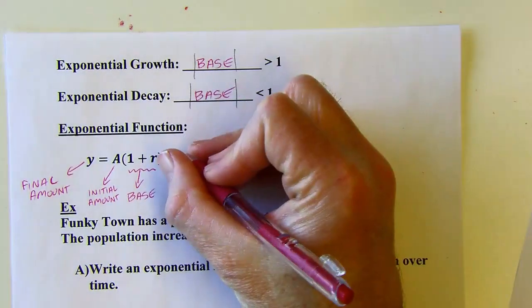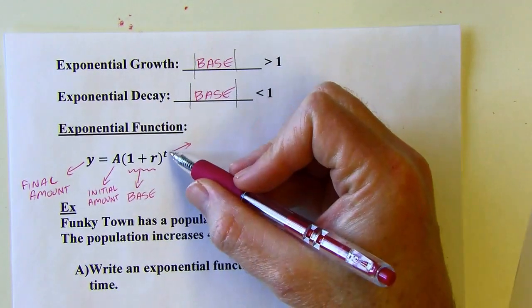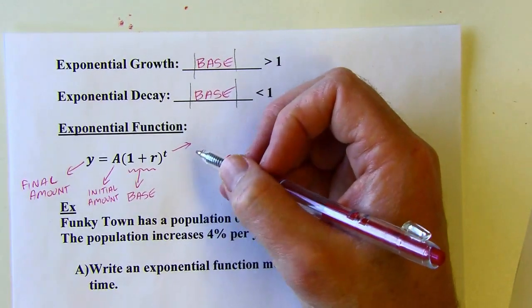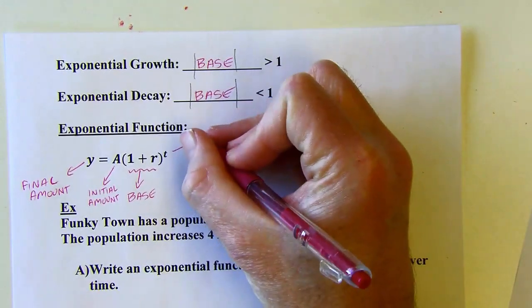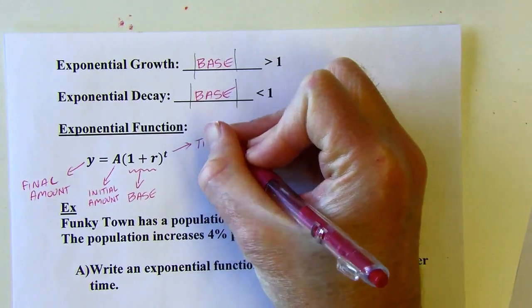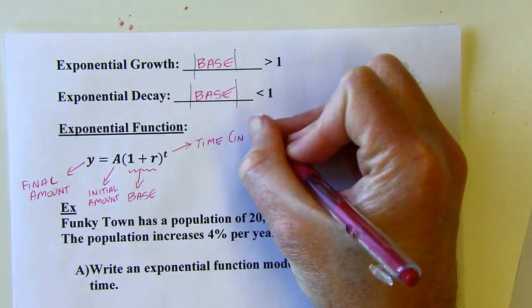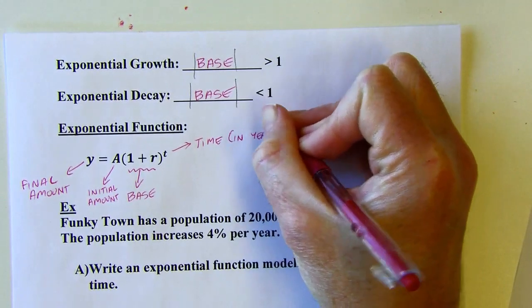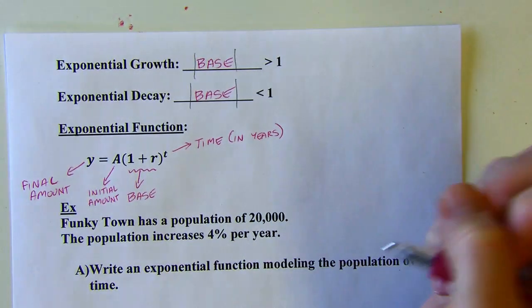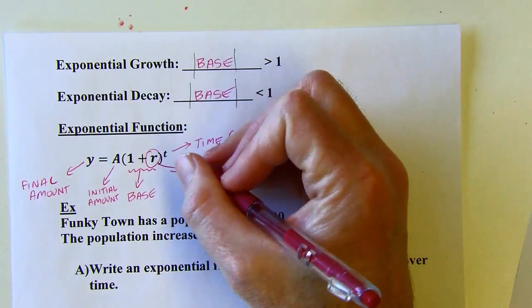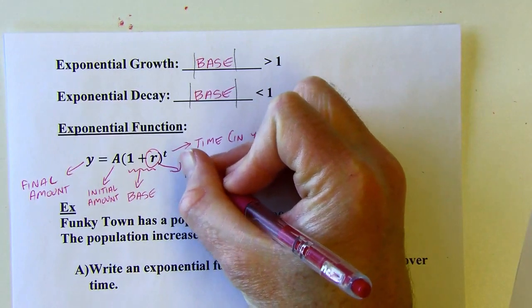Speaking of time, I've got a t here. Sometimes you'll see this as an x, but most of the time we're going to be using time for our exponential function. So this is going to be our time. Generally, it's in years. That can be different, but usually we're going to go in years, okay? The R is going to be the rate, okay?